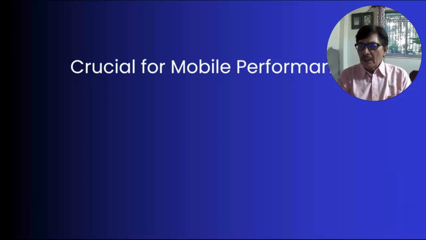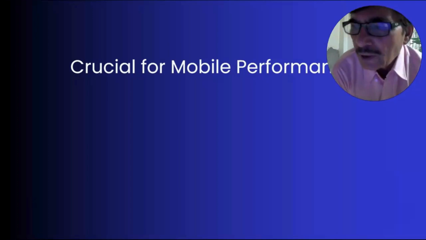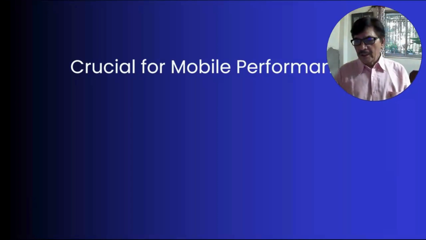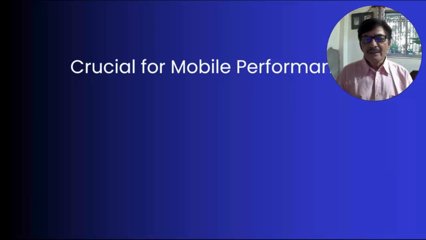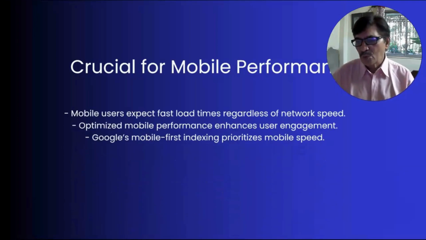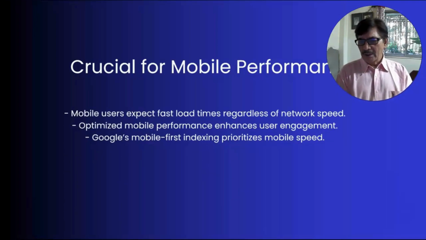What do we mean by good mobile performance? Fast loading, responsive design, easy to tap buttons, text readable without zoom. And bad mobile performance is text too small, buttons too large, broken layout, etc.